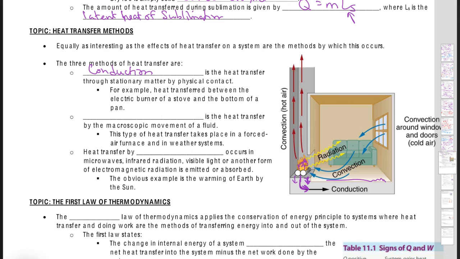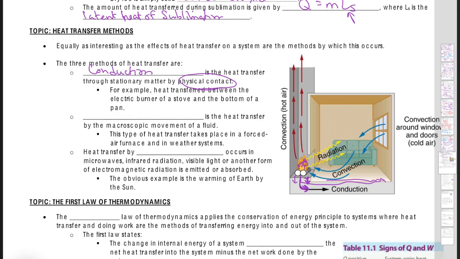You're going to get a heating effect on the floor, because it's in direct contact with the floor. That's the main thing, that there's physical contact.